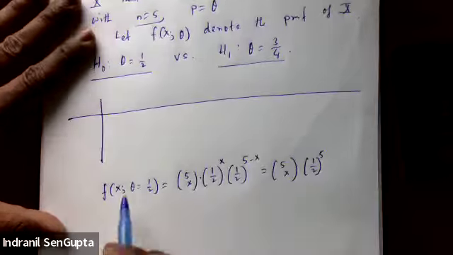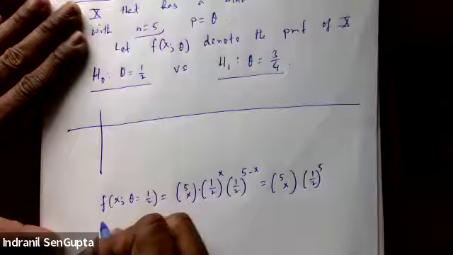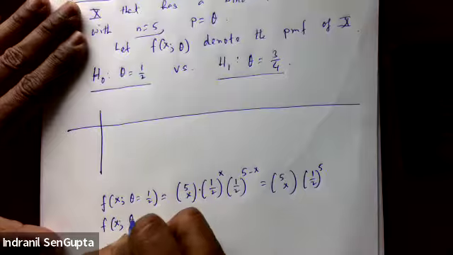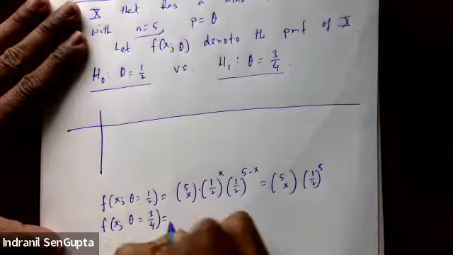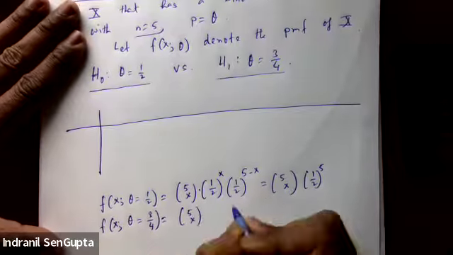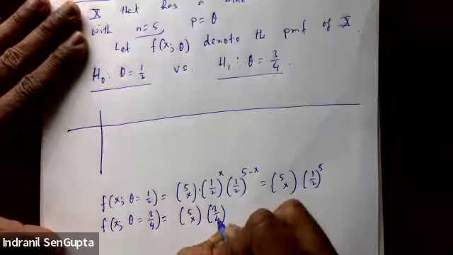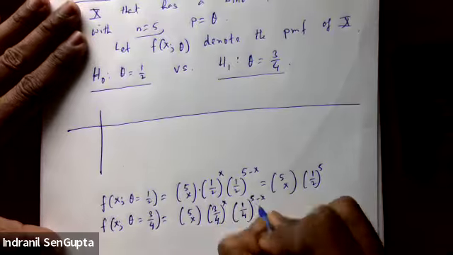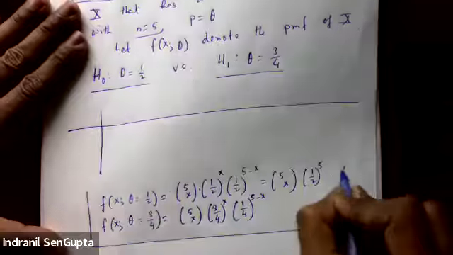That is the probability mass function for theta equals 1/2. And for theta equals 3/4 it would be 5 choose x, 3/4 to the x, 1/4 to the 5 minus x. So these are the two formulas.